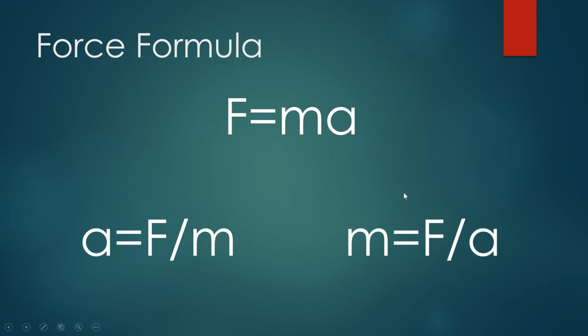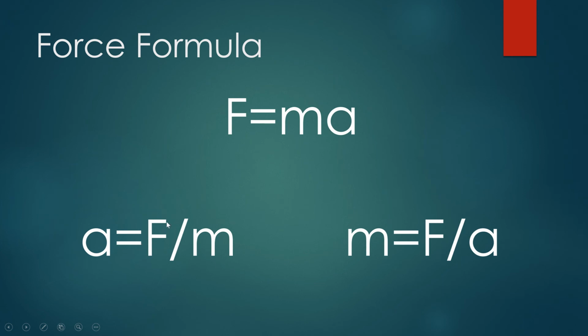Okay, so here is the force formula. F indicates force, M indicates mass, and A equals acceleration. These are the variations of it depending on what you are going to be looking for. And I am going to show you a really simple trick for remembering how to divide these items depending on what you're looking for.